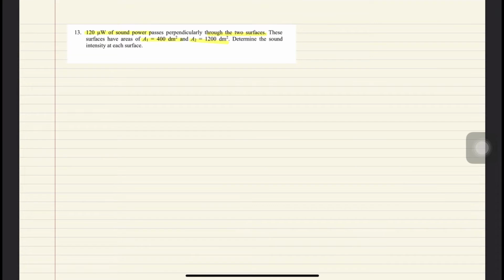Okay, maybe I try to draw the diagram. Okay, so this is the source of the power, sound power, which is 120 microwatt. Okay, it passes through surface area, which is A equals to 400 and 1200.